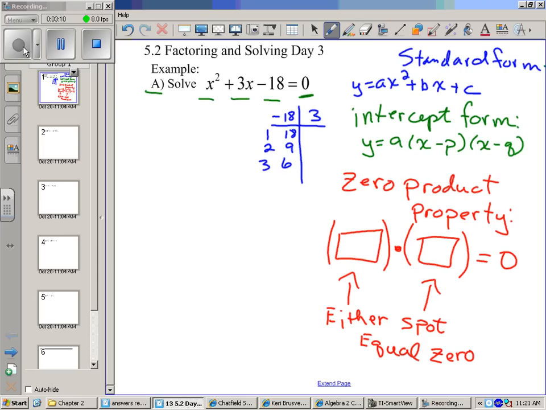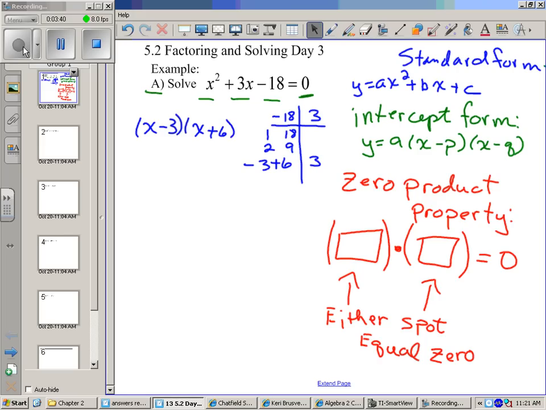If I look at these, 1 and 18 is not going to give me 3, 2 and 9 is not going to give me 3, but negative 3 and positive 6 will give me positive 3. So that tells me that x minus 3, x plus 6 is going to be my factors.